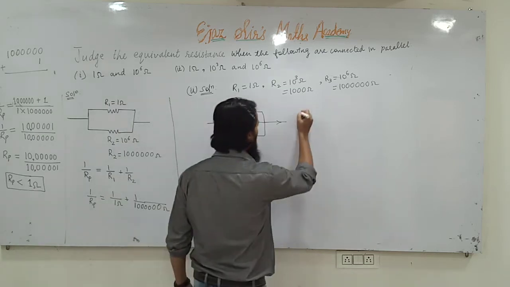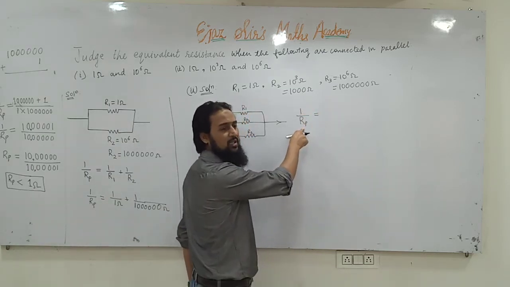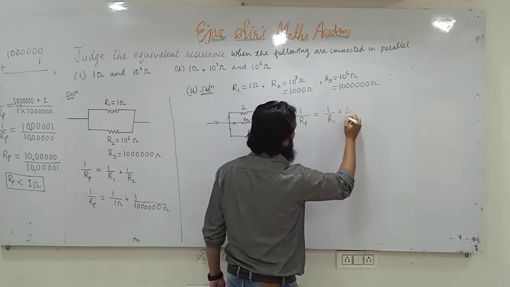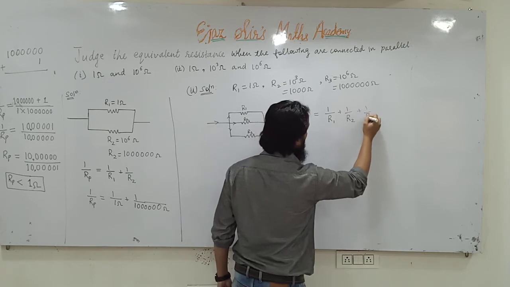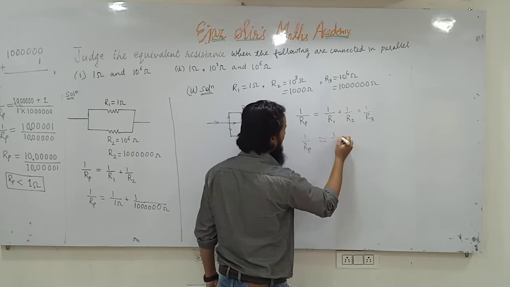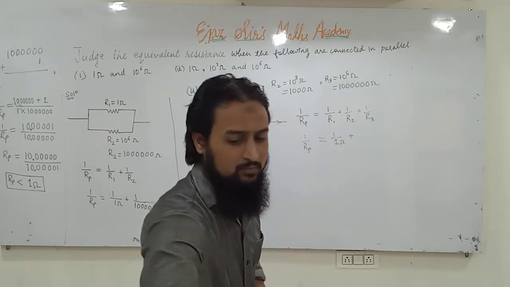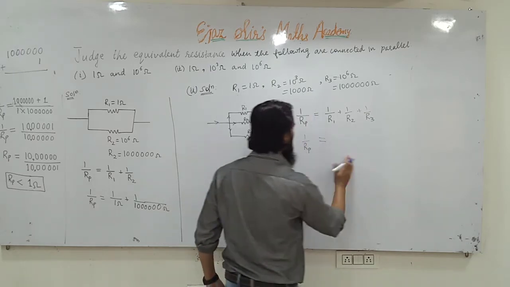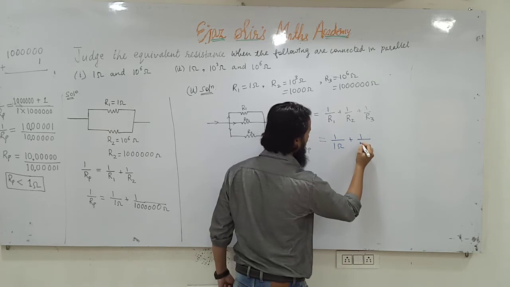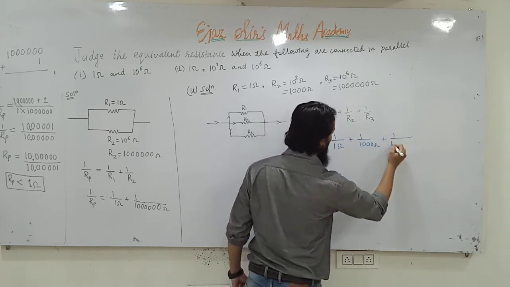How are we going to solve? 1 upon equivalent resistance, the resultant resistance of the parallel combination, will be equal to 1 upon R1 plus 1 upon R2 plus 1 upon R3. This is 1 upon Rp, equal to 1 upon 1 ohm plus 1 upon 1000 ohm plus 1 upon 10 lakh ohms.